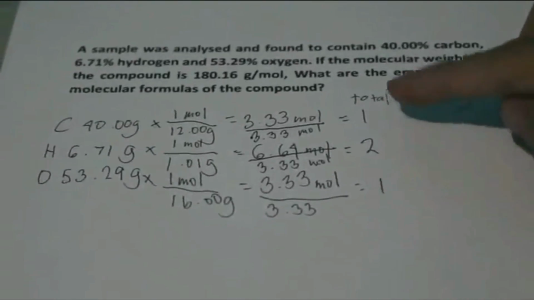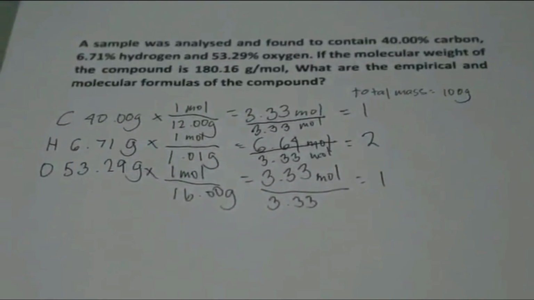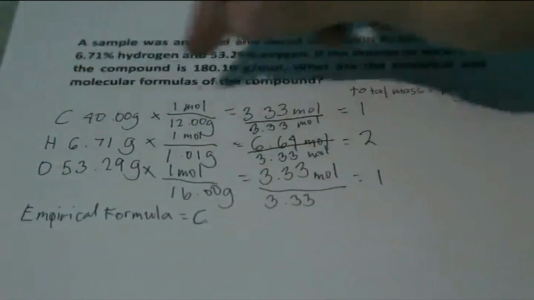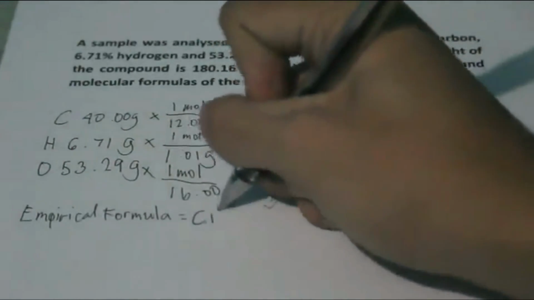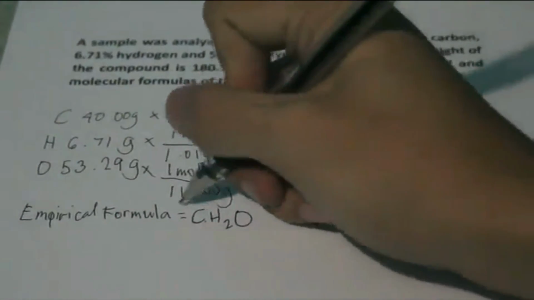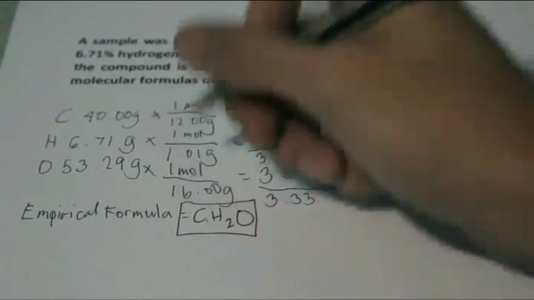Those ratios will help us find the empirical formula. For carbon we have 1C, for hydrogen we have 2, so we're going to put H2, and for oxygen we have 1. And this is the empirical formula.